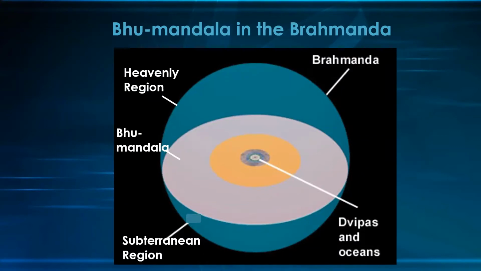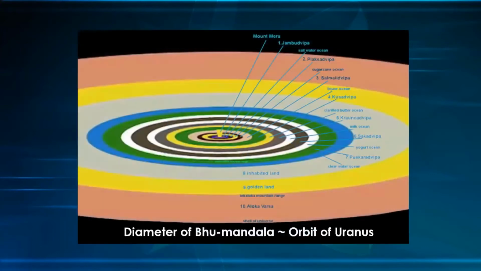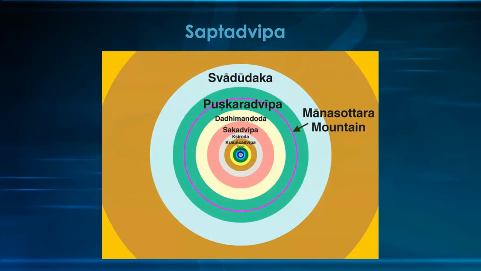And this Bhu-Mandala is a series of concentric rings of dvipas and oceans, of islands and oceans. These islands and oceans alternate, with Mount Meru in the middle. The seven innermost of these rings are called Saptadvip, or the seven islands.